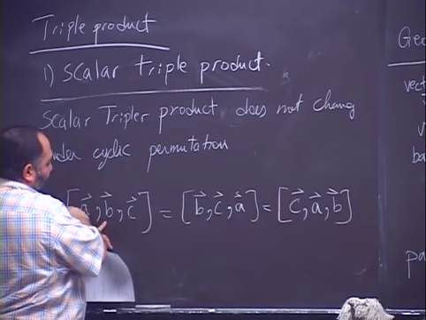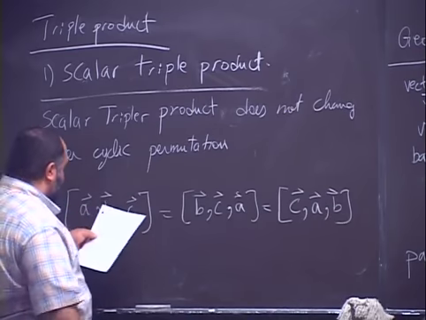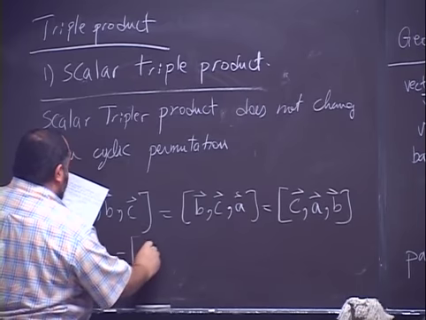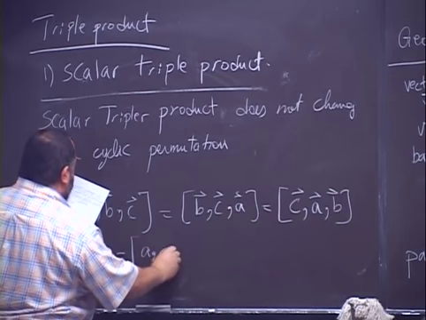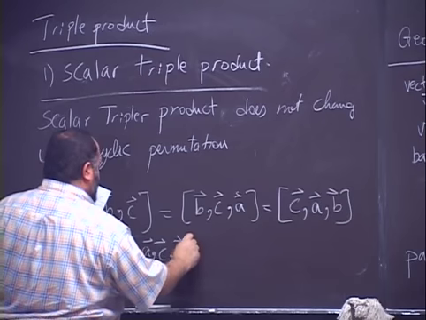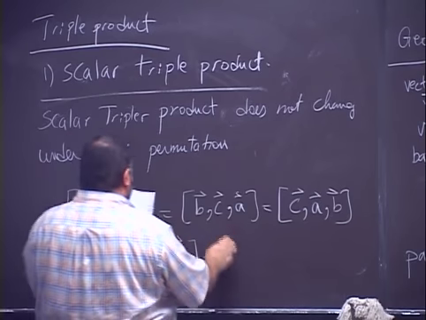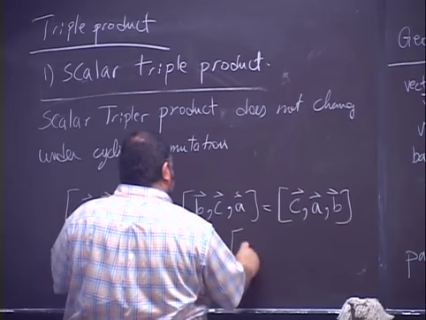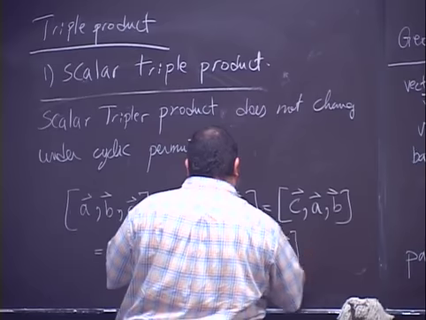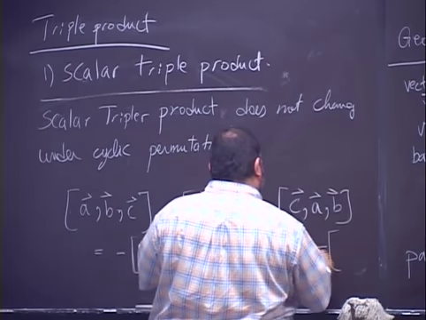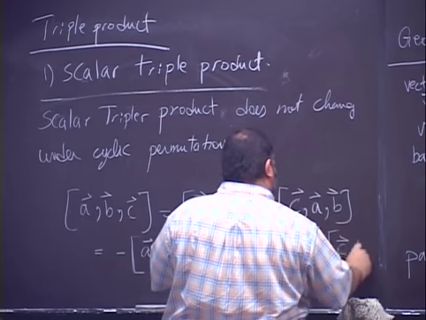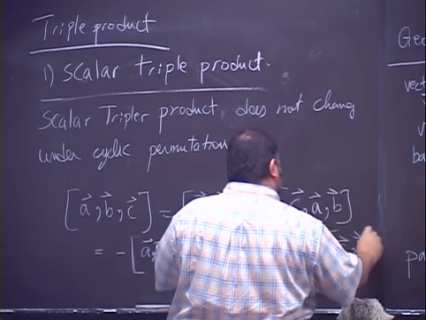So C will be dotted with A cross B or whatever, and then this will be equal to negative A, C, B, and this also will be equal to negative B, A, C, equal to negative C, B, and A.